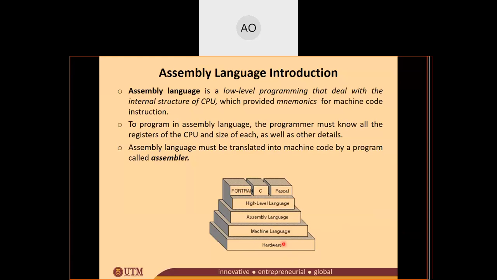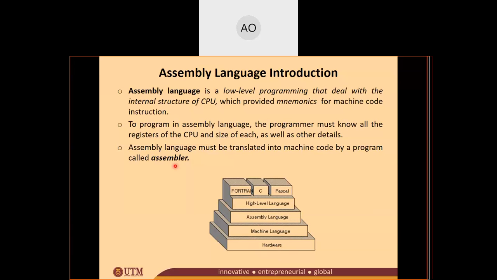You need to know how many inputs and outputs are available in that hardware, how many registers are available inside the CPU, what is the size of your RAM, and what is the size of your flash program memory. You need to know all those things before you write in assembly language.